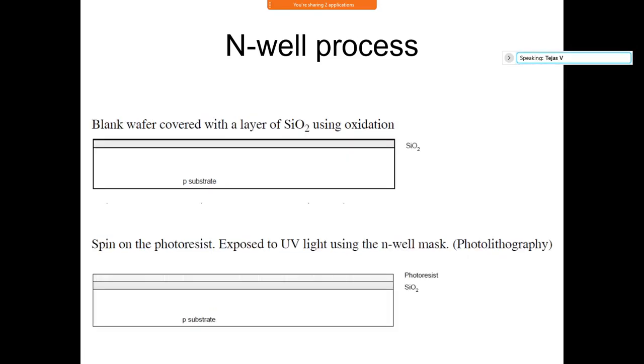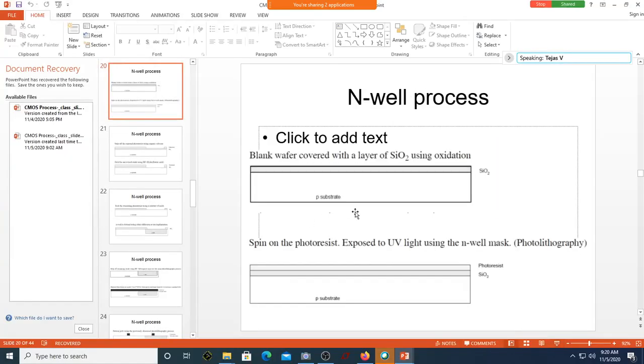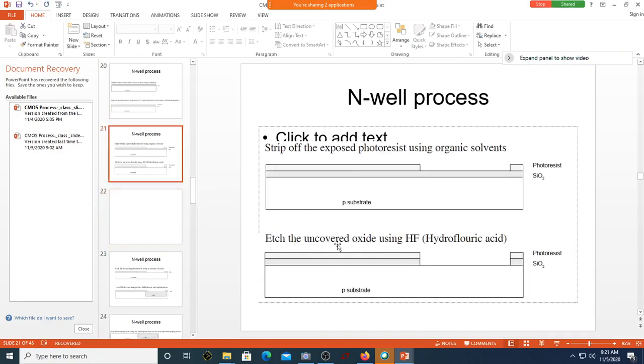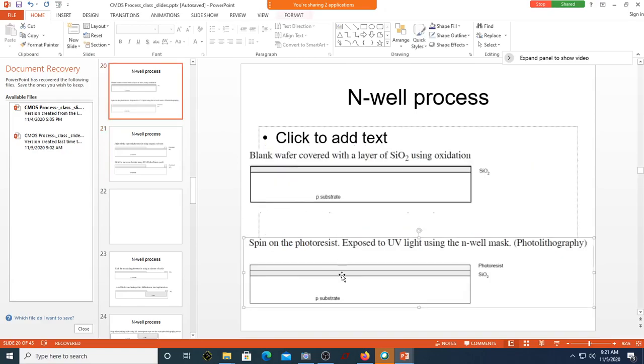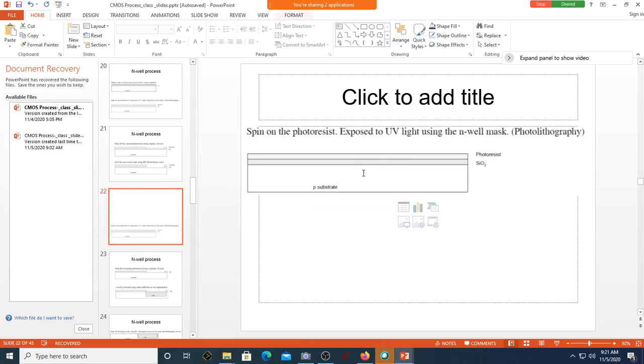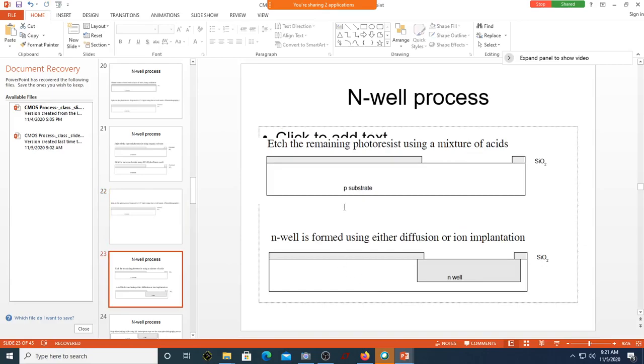What do you mean by deposition of N-well? Sir, bombarding of electrons. Wait, let me make it a new slide. I'll put this here, and I'll come to this and take this.